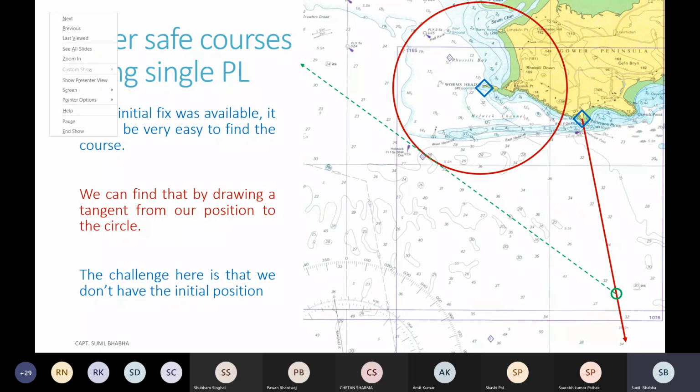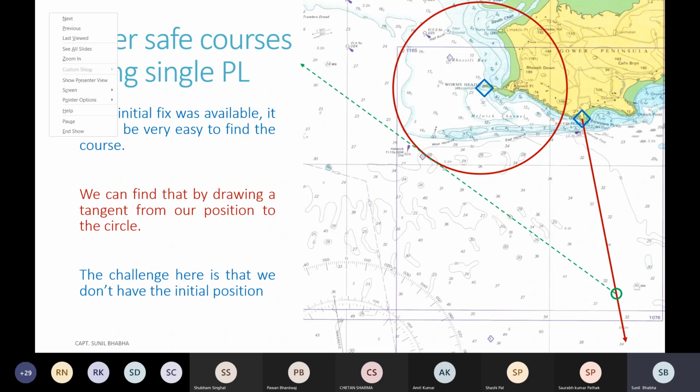Anyone else, beta? Anything coming to mind? How can we find safe courses? Okay, so let's see now what method can we follow so that we are on a safe track and we always maintain this required distance from the worm's head point.